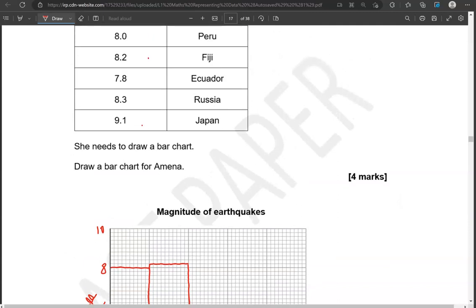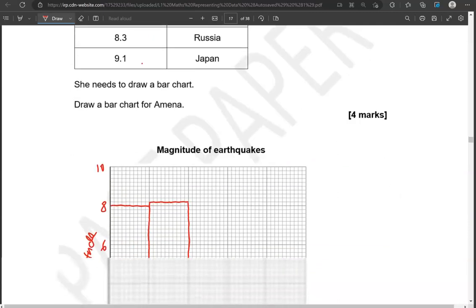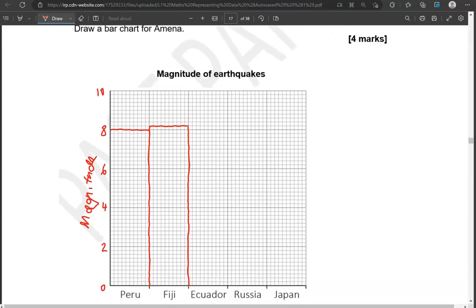Ecuador, we've got 7.8. So 7 will be halfway between 6 and 8. So that is 7, 7.2, 0.4, 0.6, 0.8. Or one little square less than 8. Because 7.8 is like 8 take away 0.2.